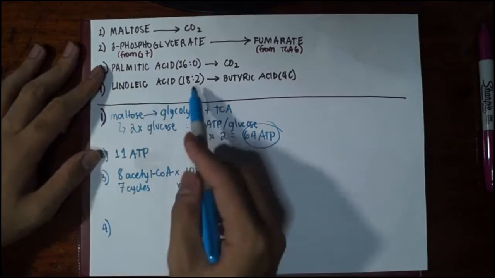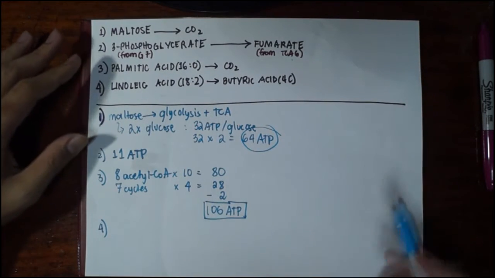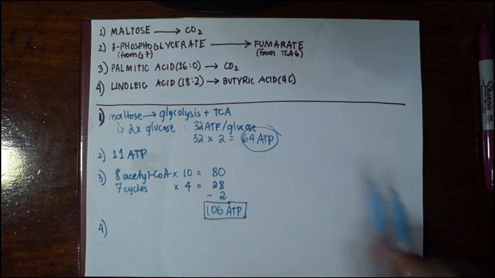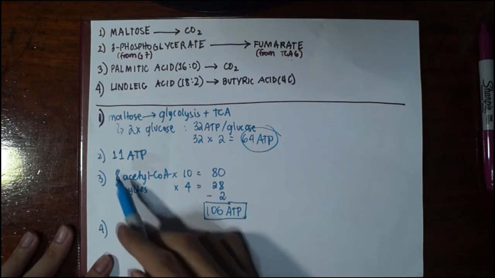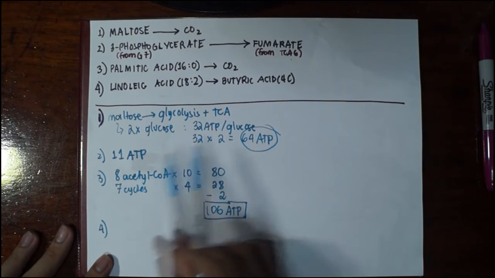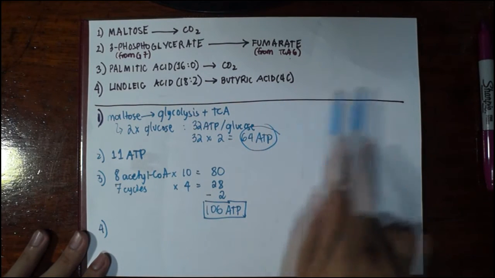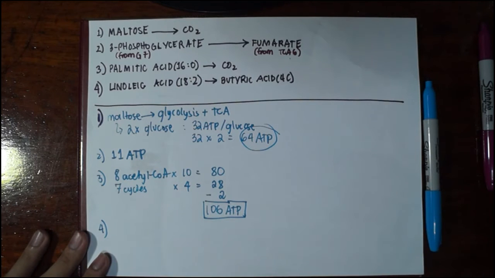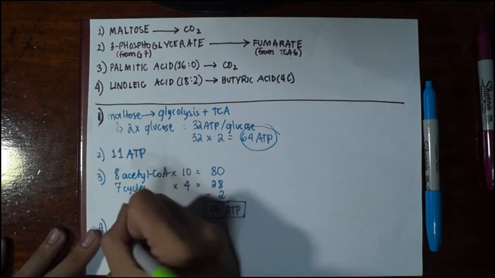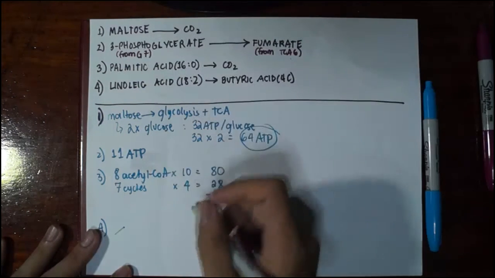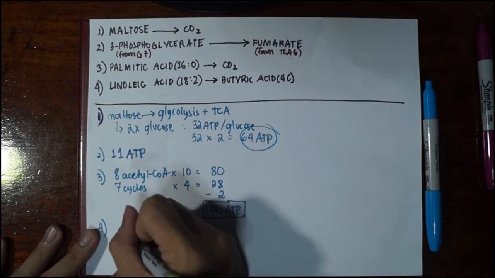We have linoleic acid 18:2 converted to butyric acid. I have mentioned this before that you cannot do this pattern when you do not completely oxidize and you stop somewhere along the way. So in order for us to completely visualize this again, just for the sake of clarifying that point, let's draw the entire linoleic acid.